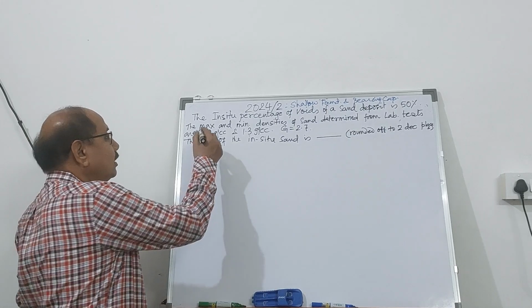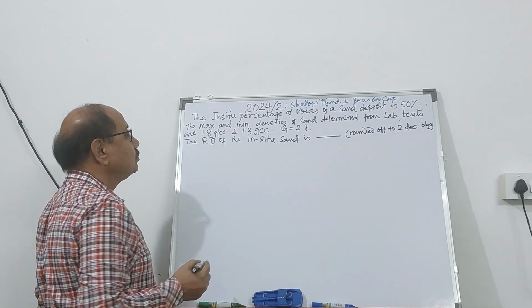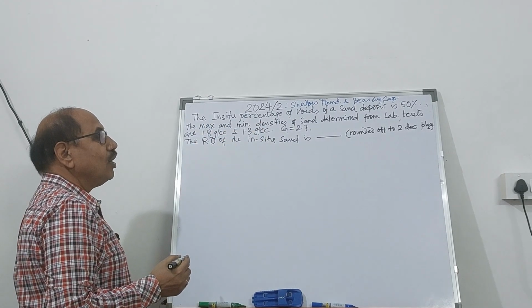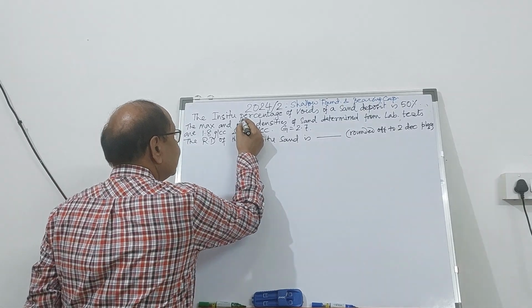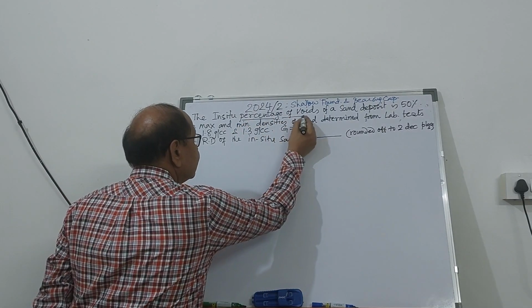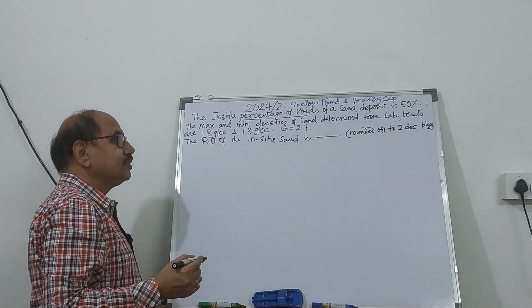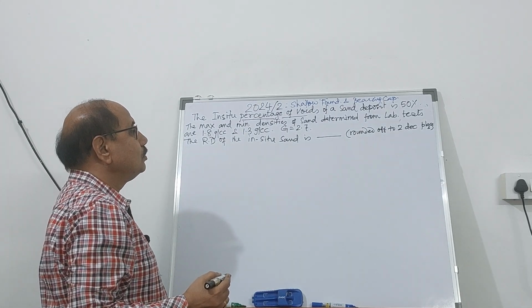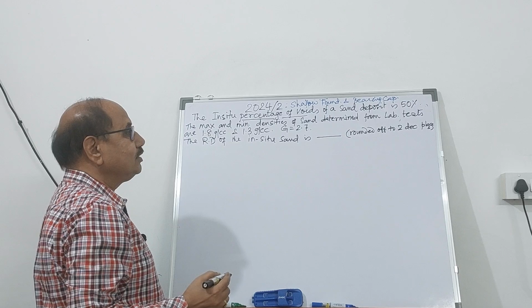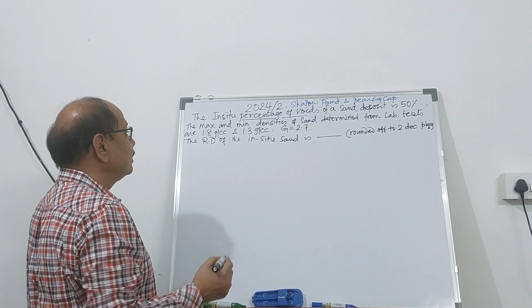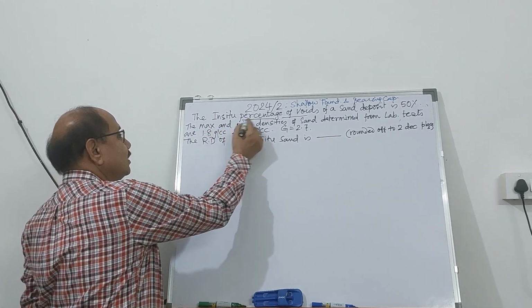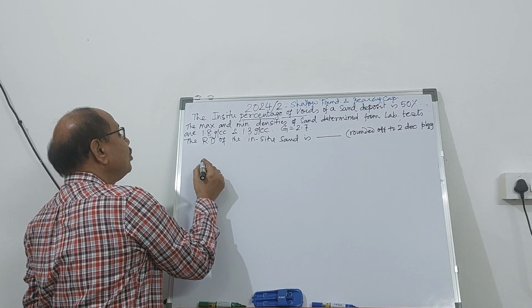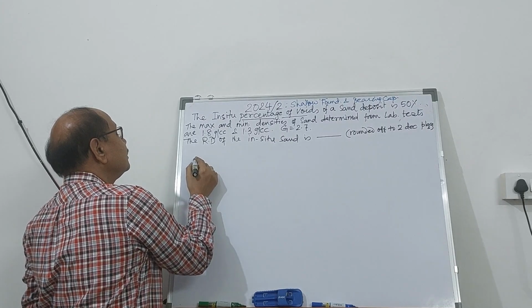The in situ percentage of voids, you should mind that it is percentage of voids, not the void ratio, of a sand deposit is 50%. That is, percentage of voids means it is the porosity.